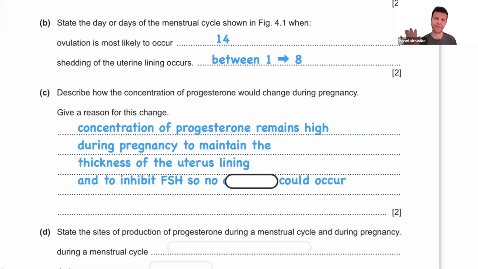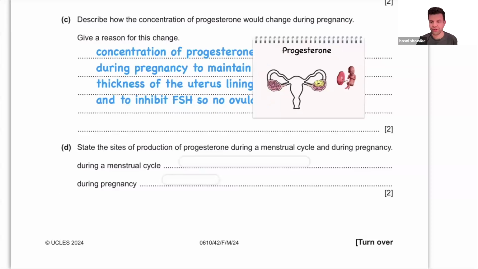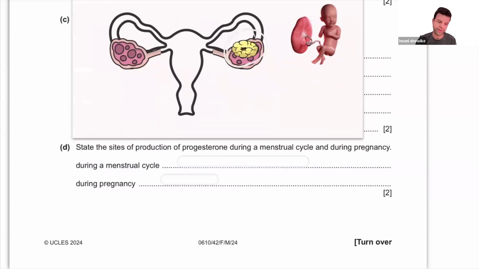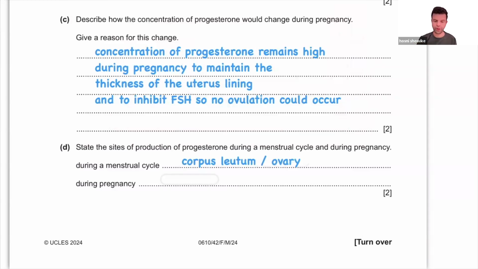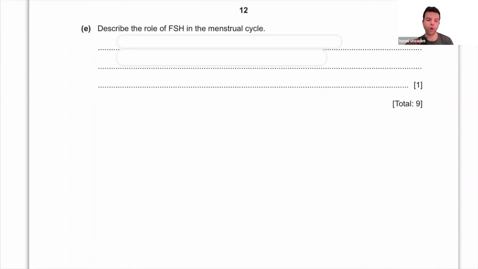Why should we block FSH during pregnancy? Because you don't want ovulation to happen. You don't want menstruation to happen during pregnancy. So that's one of the important roles of progesterone. Again, they asked me where it comes from. We just stated it could come either from the yellow body, corpus luteum, or the placenta. So placenta. Good.